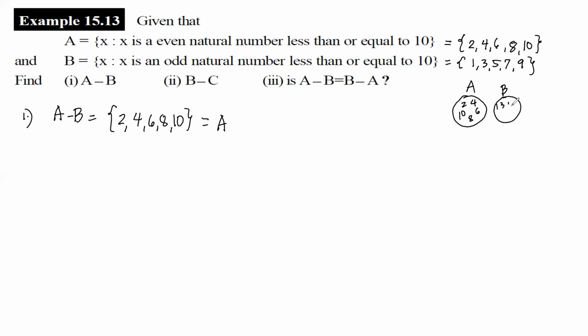Then, what are the elements of A that are not in B? Obviously, just its own elements, since they have no intersection. So we have 2, 4, 6, 8, 10, which is equal to set A.